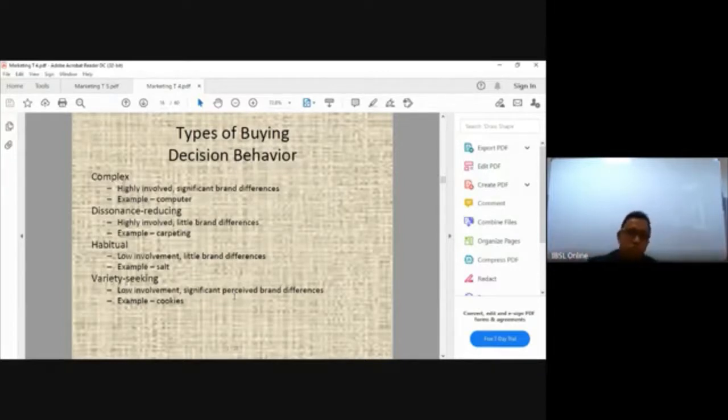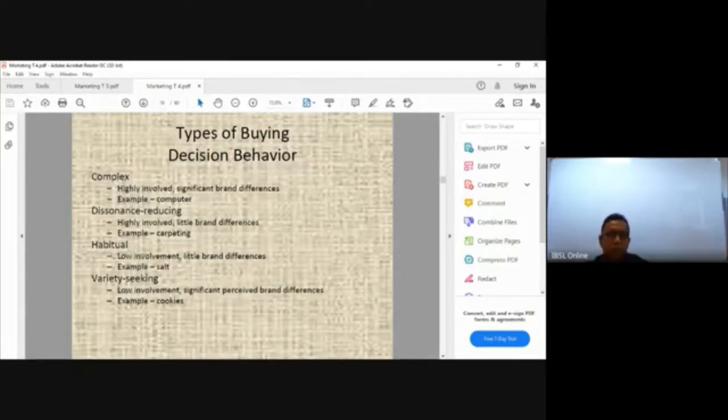So these are the different types of buying behavior. Some require high involvement in your decision making, and some require low involvement. Complex and dissonance reducing need high involvement, while for habitual and variety seeking you don't have to be too involved, because you have already tested those products and can just keep buying.